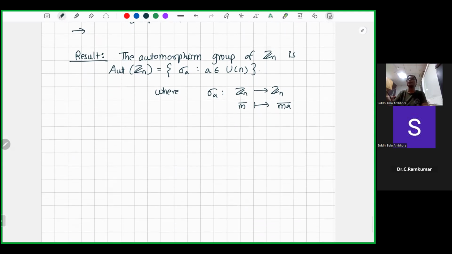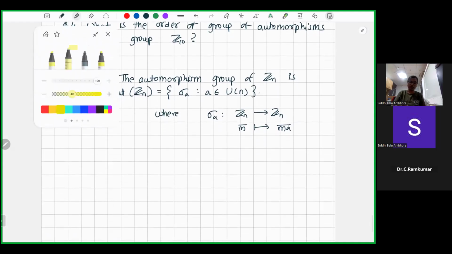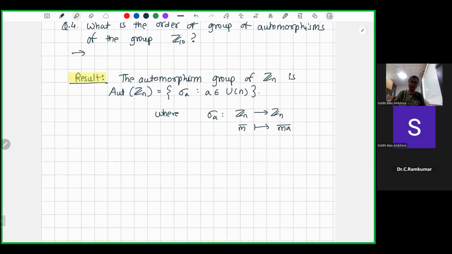These are the only possible ones. If you do not know this, you can check it, and try to prove it.